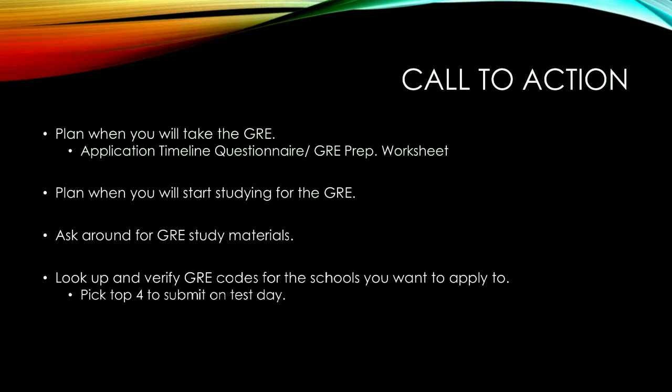Look up your different codes for the schools you want to apply to and pick your top 4. And save money however you can. So you do these things, you're going to save money. You'll be able to effectively take the test and be prepared for the test. And I'm very confident that you'll be able to do well.